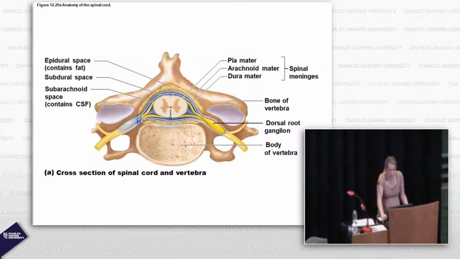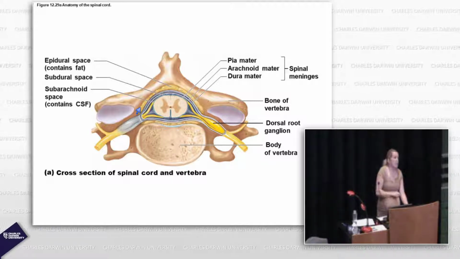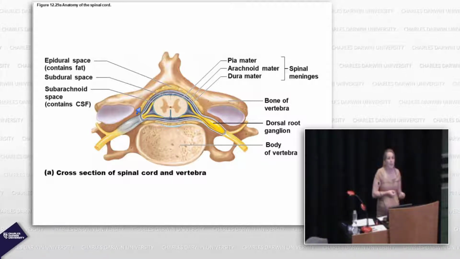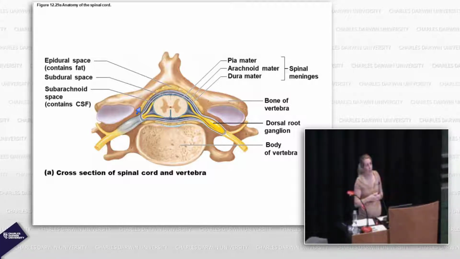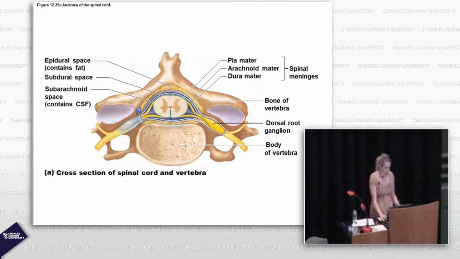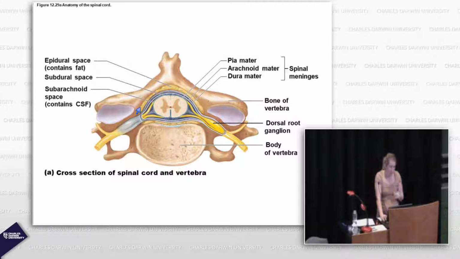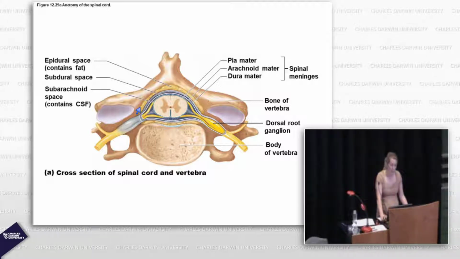As well as preventing pain messages from being received, it also reduces the motor capacity anywhere below the point of the epidural. So basically you have limited movement anywhere below where the epidural is delivered.